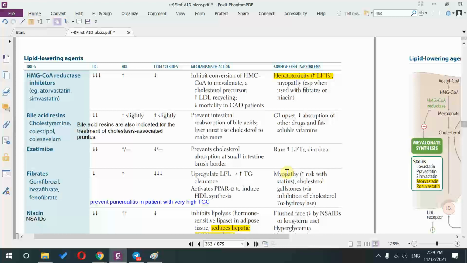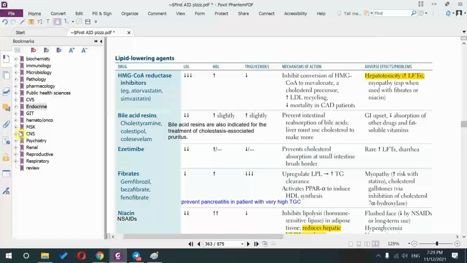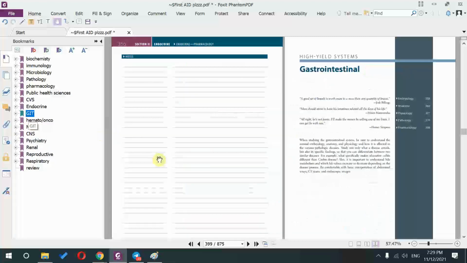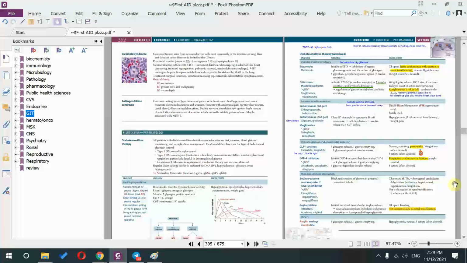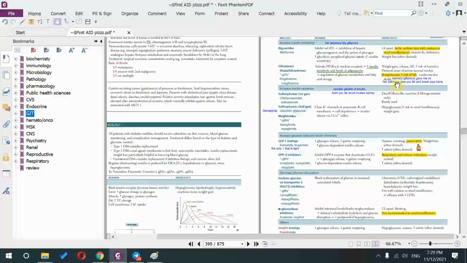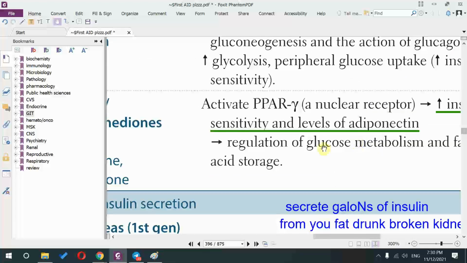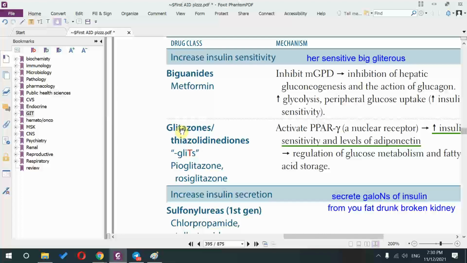Okay, so seems like a cool guy. Yeah, and you must notice this one, it activates the PPAR alpha to induce HDL synthesis. Why, when I said alpha, I was super serious about it. Because guys, when we speak about endocrinology, I will be telling you about PPAR gamma, which is activated by one of these drugs called TZDs, glitazones, thiazolidinediones.